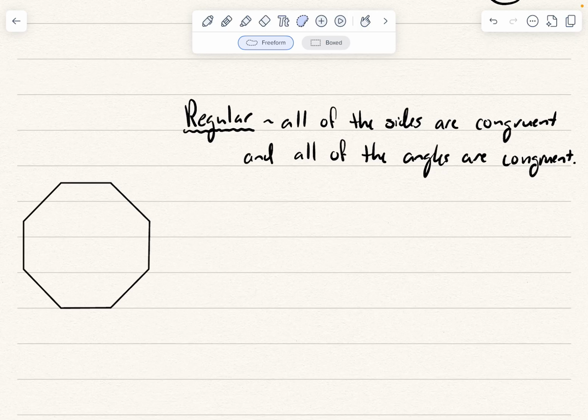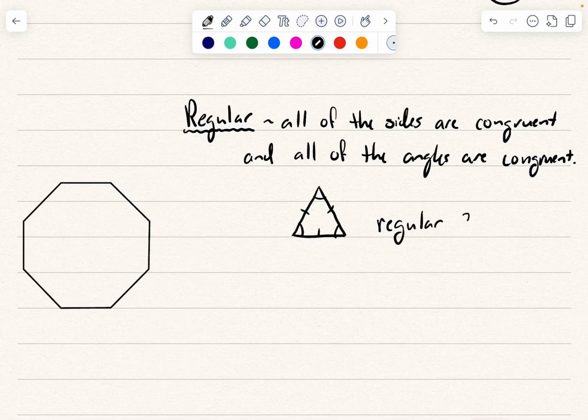Now, if it's three-sided, as I said, and the sides are the same length, then the angles are automatically the same too. You could give this a few different names. You could call this a regular three-sided polygon. That's an accurate name. You could also just call it an equilateral triangle.